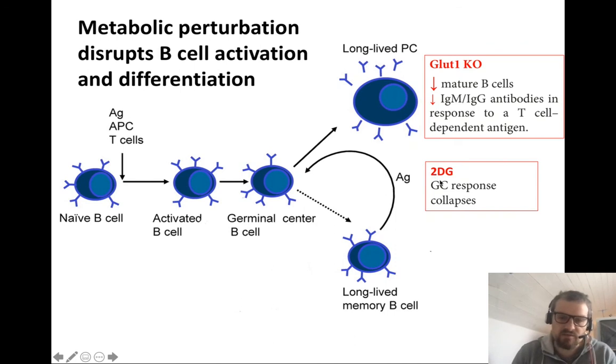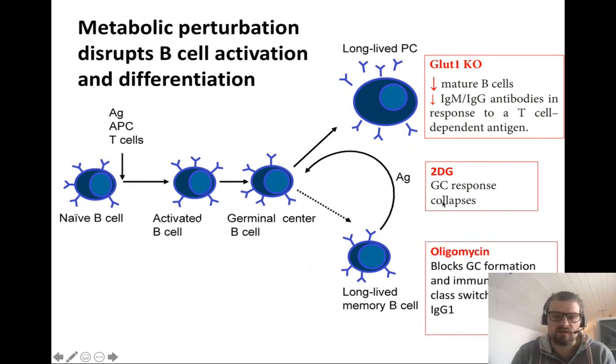Adding 2DG, which blocks glycolysis, also blocks other pathways like the pentose phosphate pathway and hexosamine pathway. But nonetheless, the germinal center doesn't form properly; it collapses. So it's clear that glycolysis, or certainly glucose-dependent pathways, are important.